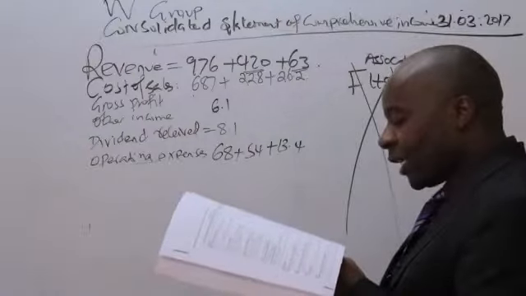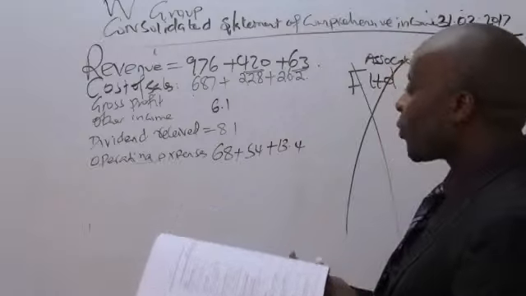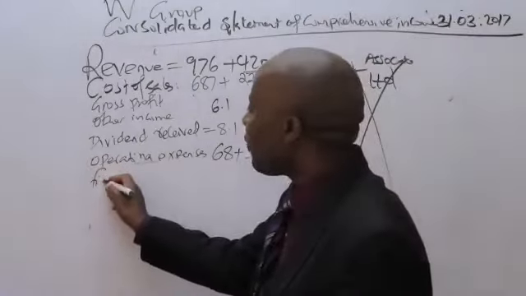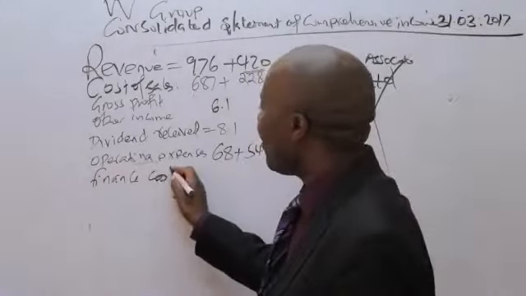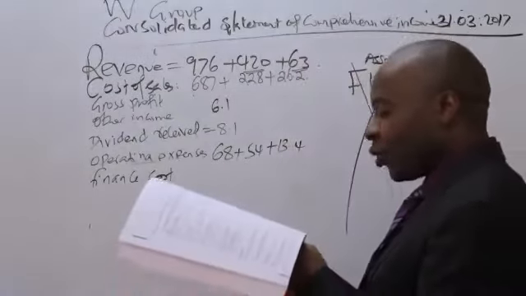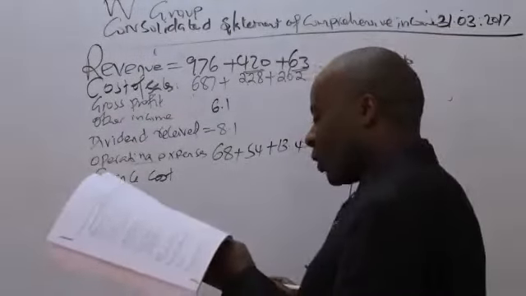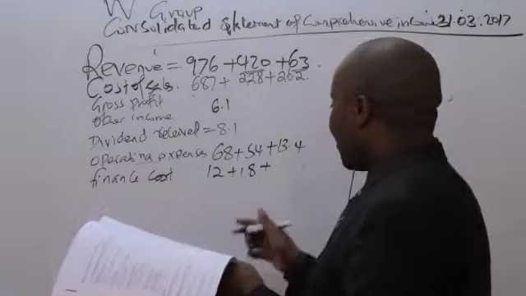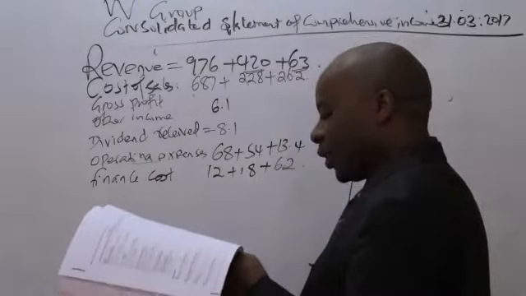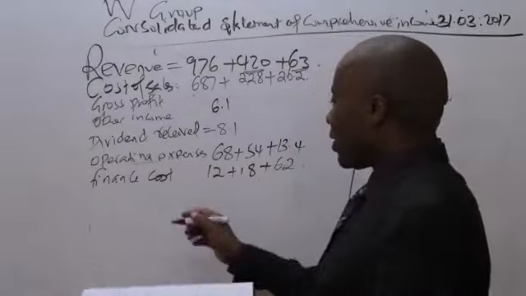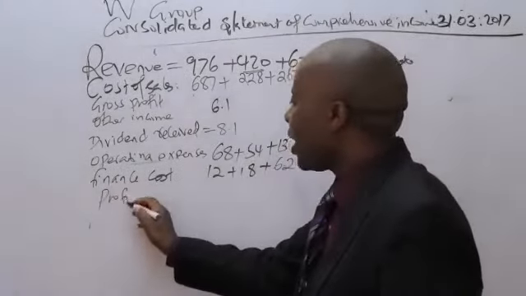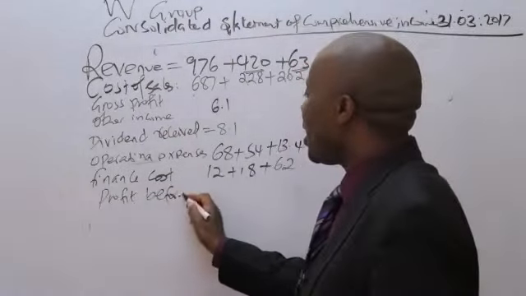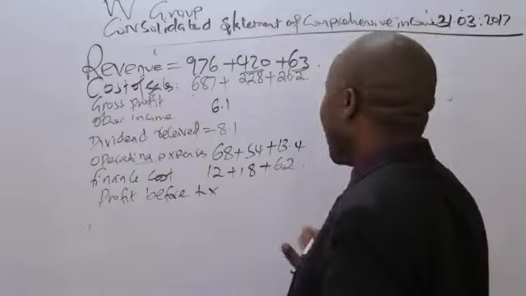From there, we go to the next thing, which is finance cost. So finance cost, I'm consolidating: I have 12, I have 18, I have 6.2. From there, we have the profit before tax. This one, of course, I will need a calculator later.